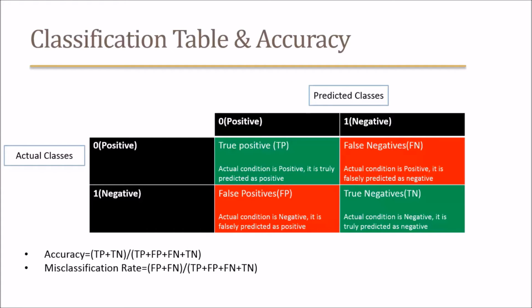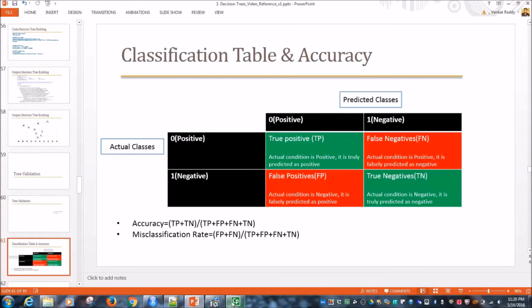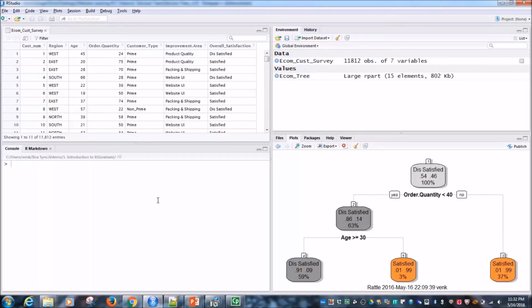Whenever we have classified using tree model, and if we want to get an idea on how much is the accuracy of our model, we can look at the classification table or confusion matrix and get an idea on the accuracy of the model. Now let us find the accuracy of the model that we just built.